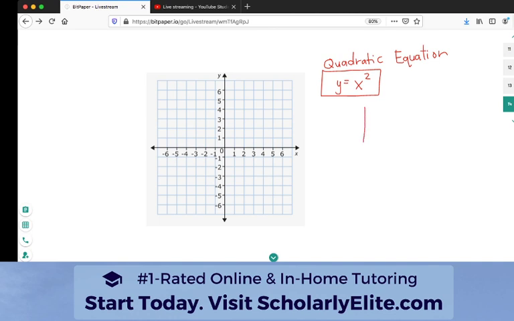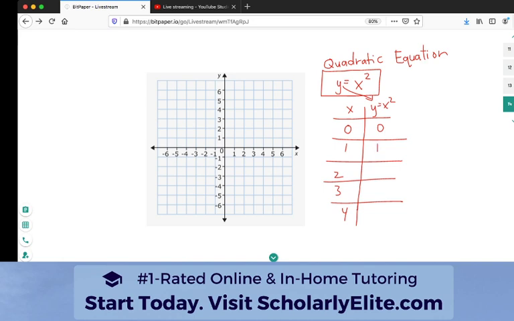So as many of you who may have already learned this in class, if we have our x and y chart and we know that y equals x squared, right? So say I'm looking at 0, 1, 2, 3, 4. Okay, so 0 squared is 0, 1 squared is 1, 2 squared is 4, this is 9, this is 16. Cool. The same thing applies for the positive and negative side.